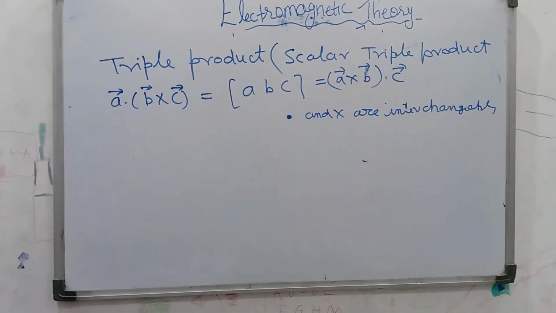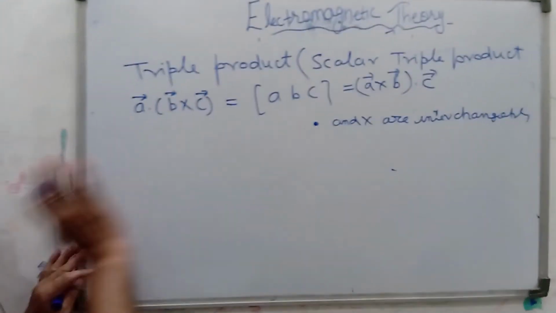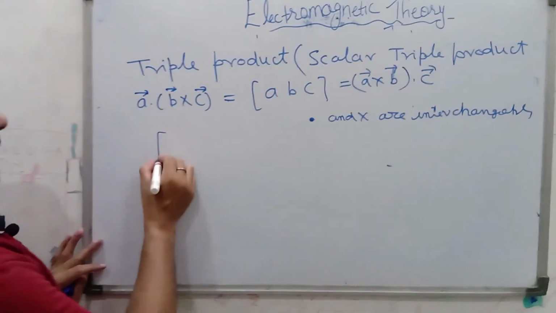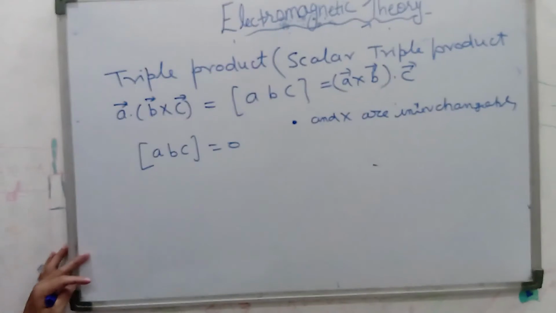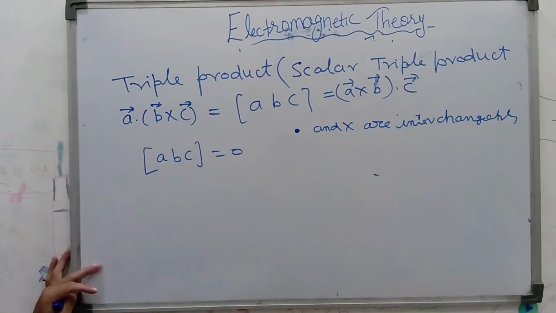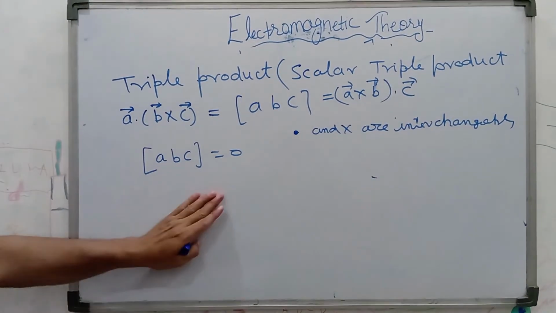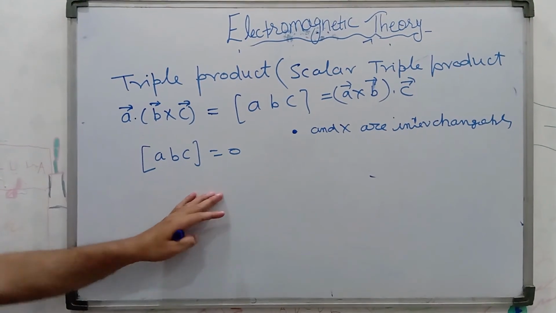To find out whether vectors are coplanar: if [A B C] equals 0, that means the vectors are coplanar.